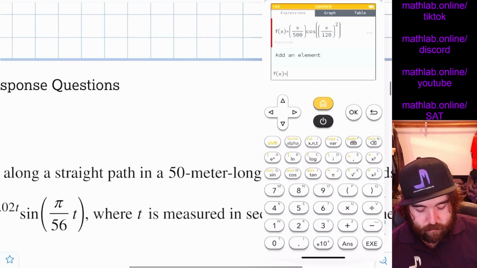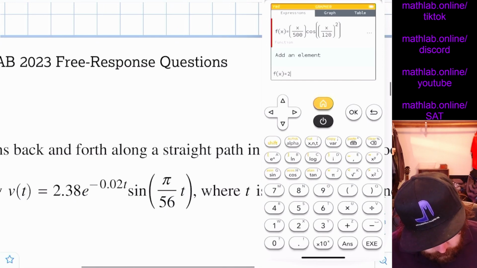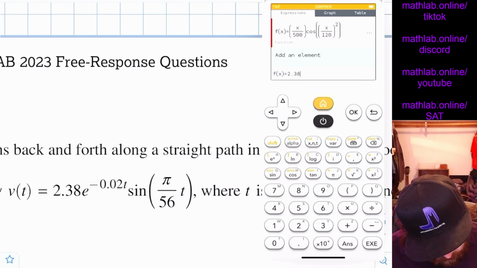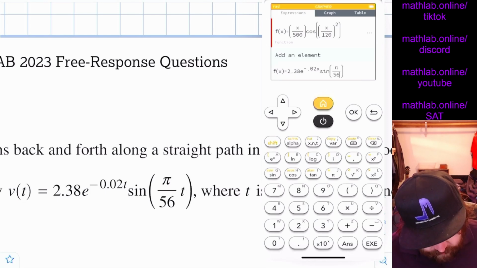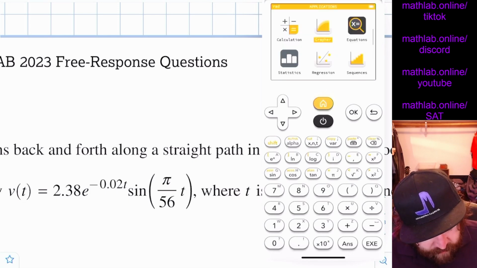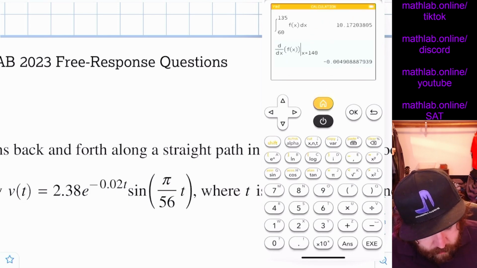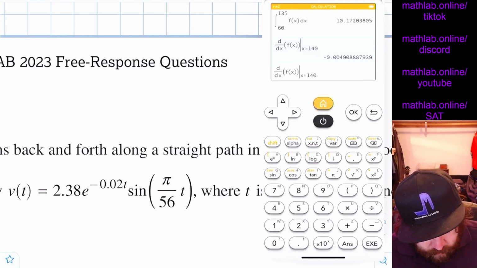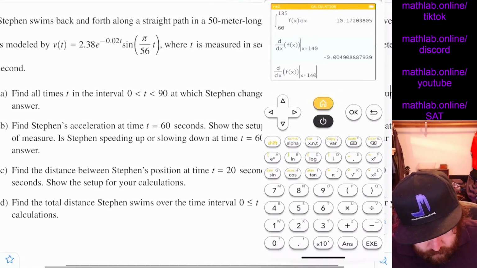It was 2.38 e to the negative 0.02 x times the sine of pi divided by 56 x. Okay, so now we have f of x. Now we do this exact thing except at 60.